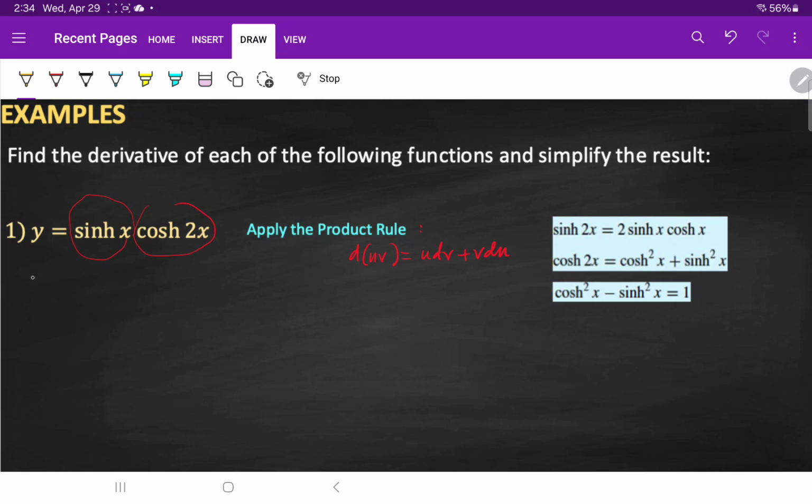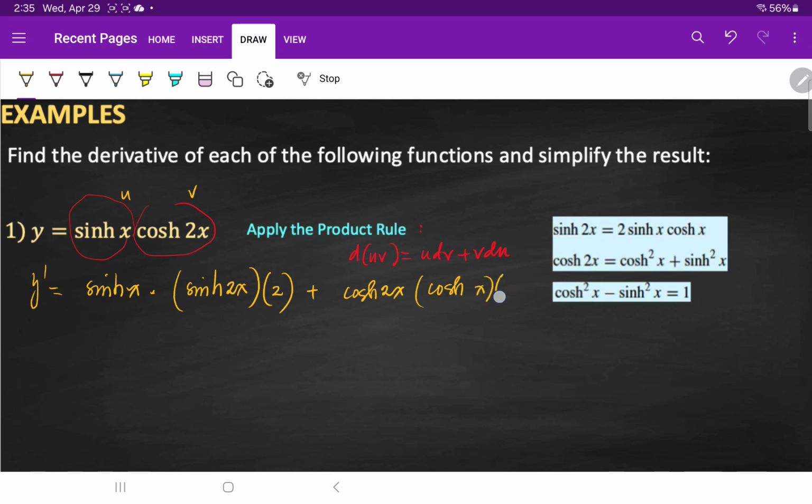So for y prime, we copy hyperbolic sine x, times the derivative of hyperbolic cosine 2x, which is hyperbolic sine 2x times 2. And then plus, we copy hyperbolic cosine of 2x times the derivative of hyperbolic sine x, which is hyperbolic cosine x times the derivative of x, which is 1.